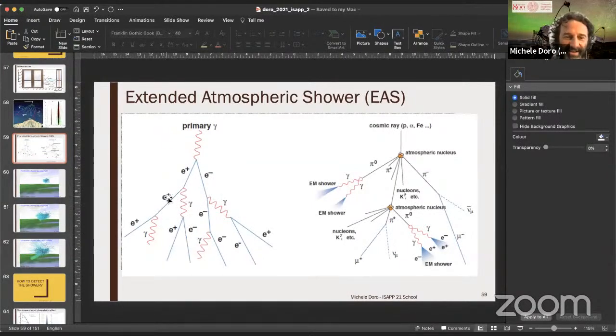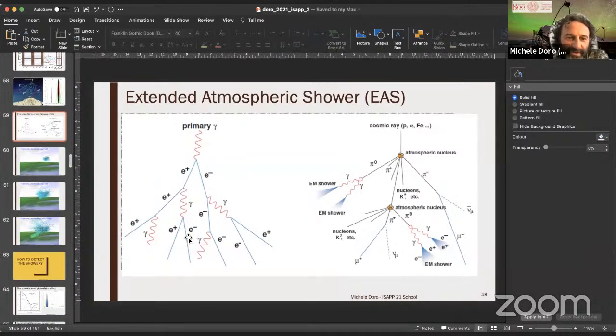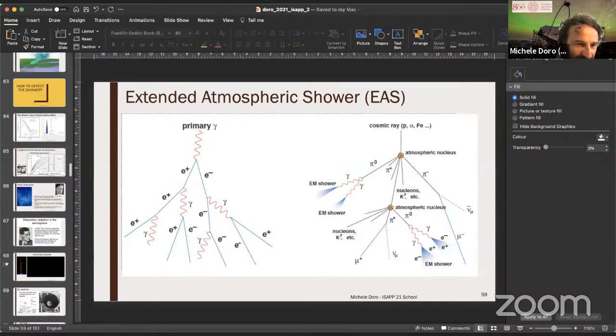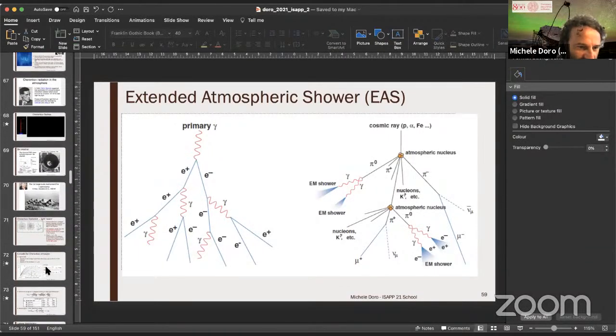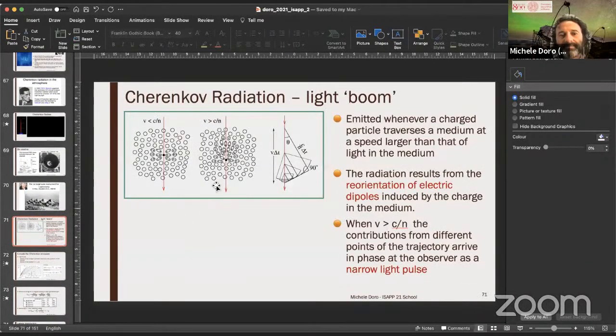It's the electron that radiates energy. The Cherenkov emission, if you want, is not the particle shower that is making it, but the medium. So let me go now here. Okay, so you have now your electron and you have your medium around. The medium is atmospheric nuclei and molecules, okay?